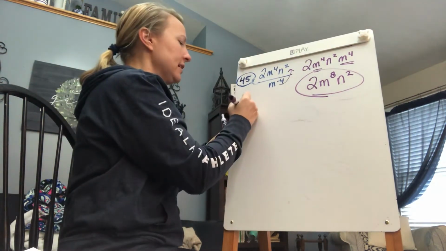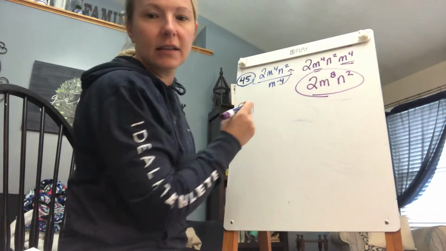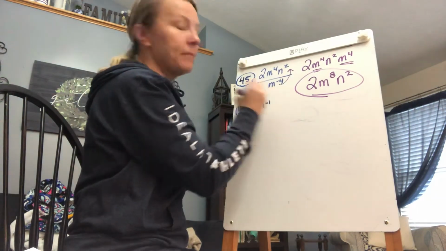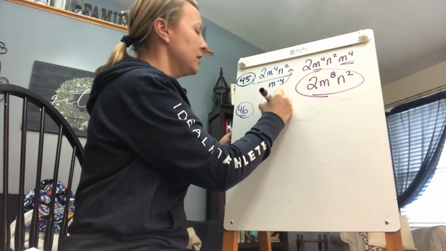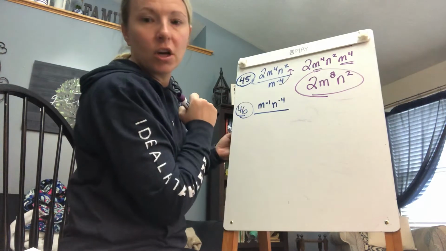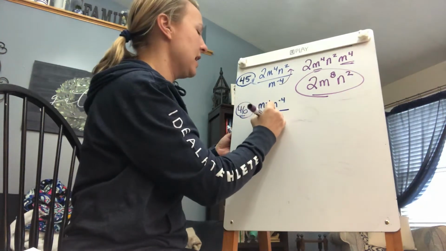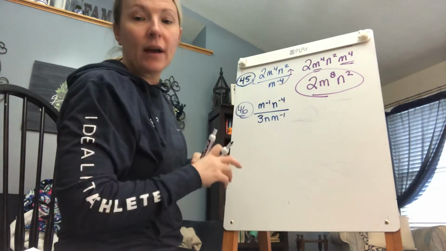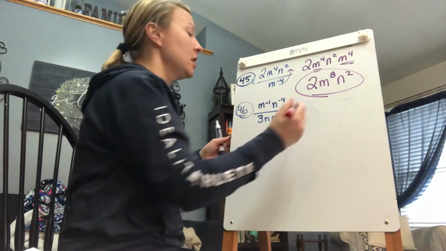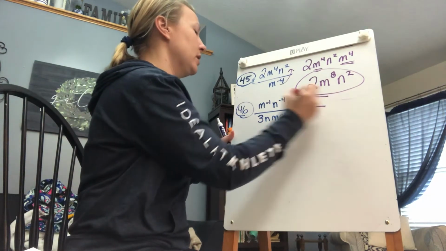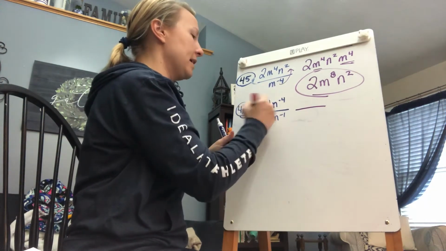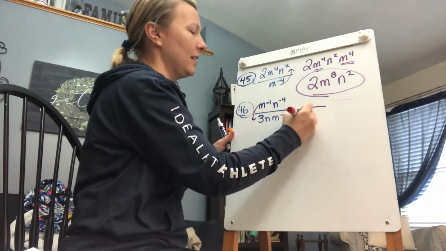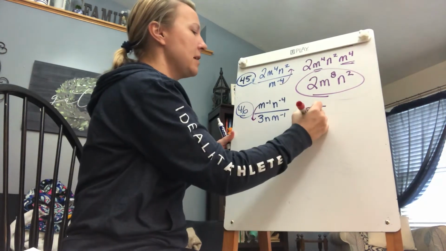Number 46 is, lots of negatives again, m to the negative 1, n to the negative 4 over 3n m to the negative 1. So I'm going to get rid of all my negatives first. I'm going to put my 3 first, I lied. This guy on the bottom, m.